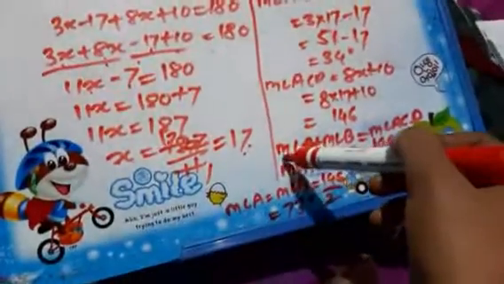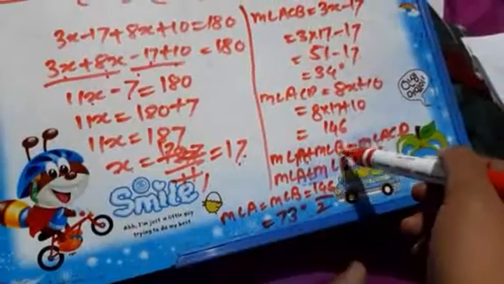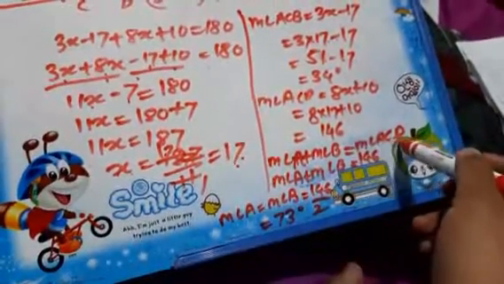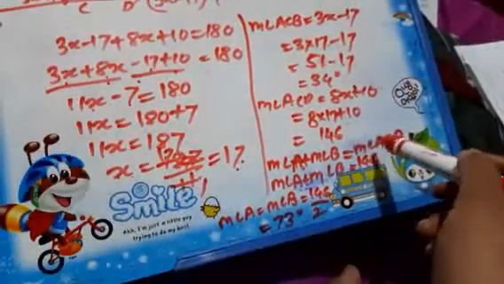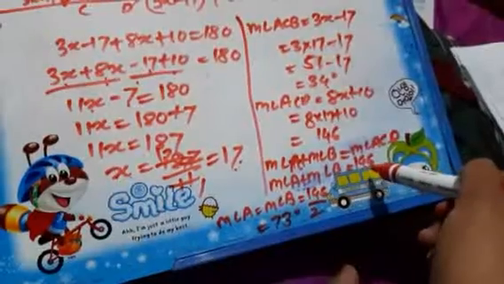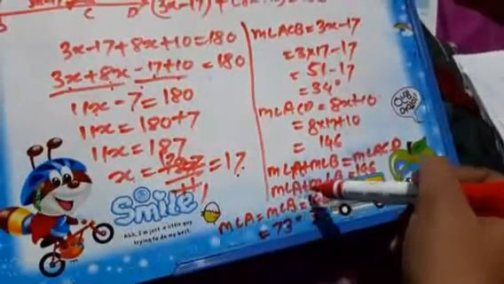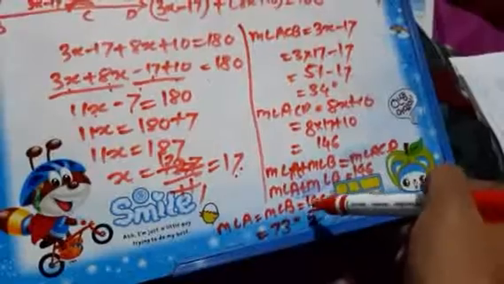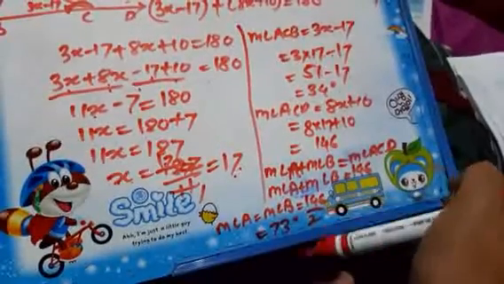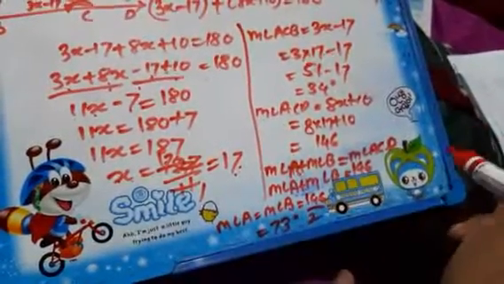That's why measure of angle A plus measure of angle B is equal to measure of angle ACD. But ACD, just now we have calculated, it is 146. So measure of angle A is equal to measure of angle B is equal to 146 divided by 2. That will be 73.